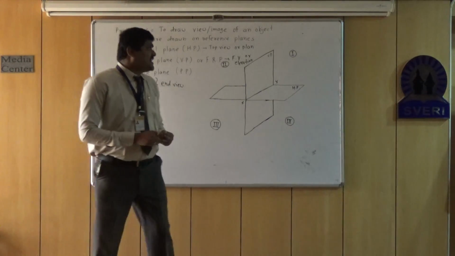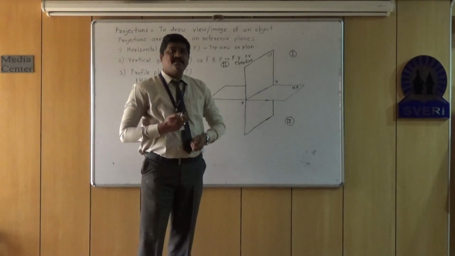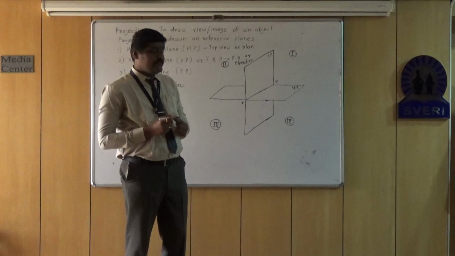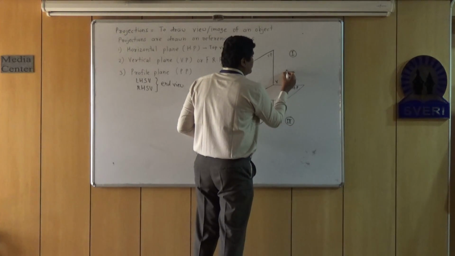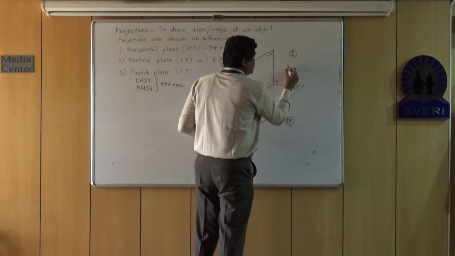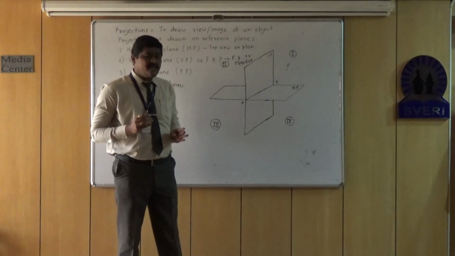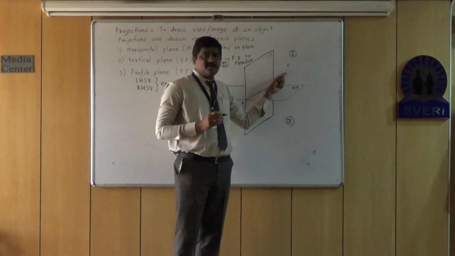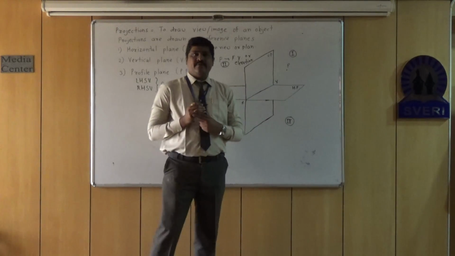Now let us understand the projections of a point situated in the first quadrant. Here we consider a point P which is situated in the first quadrant, obviously above HP and in front of VP.